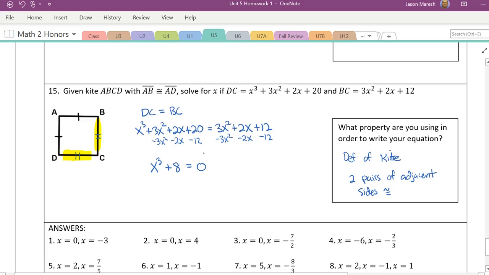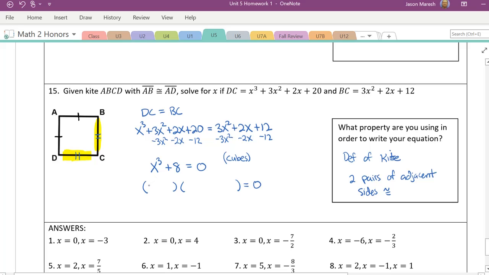And I'm noticing that these are also perfect cubes. And so just like we did 13, we're going to do 15, and it's going to factor to a binomial times a trinomial.